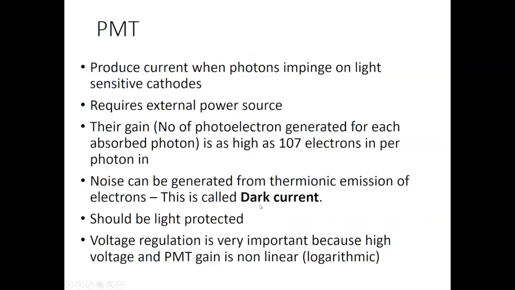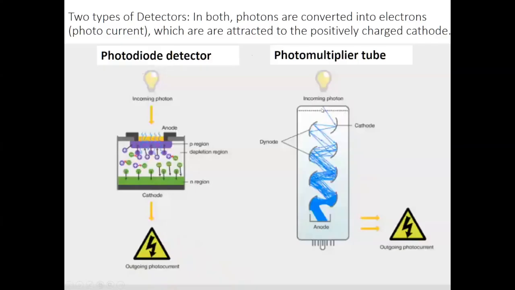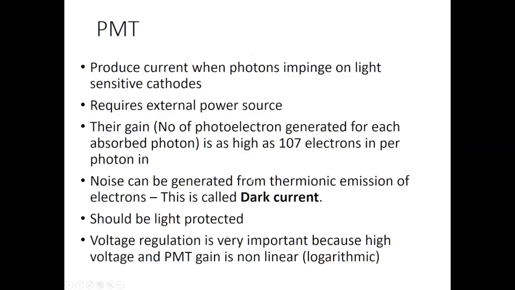But the problem with the photomultiplier tube, I'll tell you, is that it is working with current, right? Even if there is no signal, even if no actual photons are hitting it, sometimes because of some electrical thing, it can give you some weak signal, which we call dark current, which is noise.